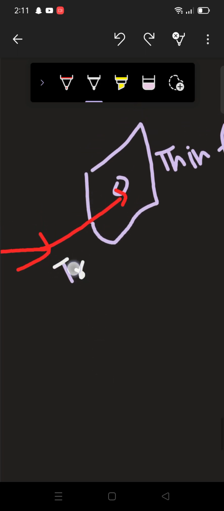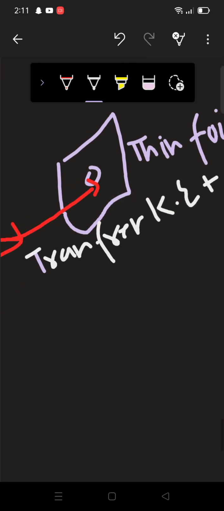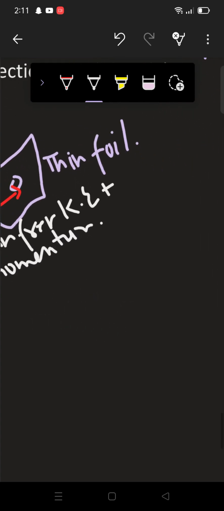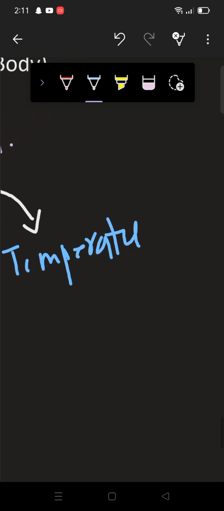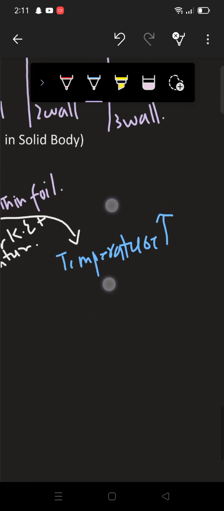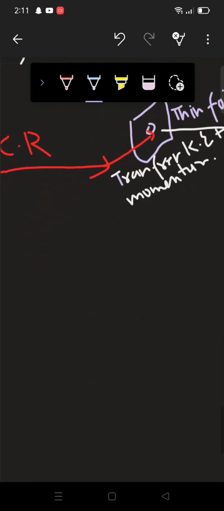And when this kinetic energy is transferred, it means the particles' temperature will get higher. Means this Cr has heating properties as well.